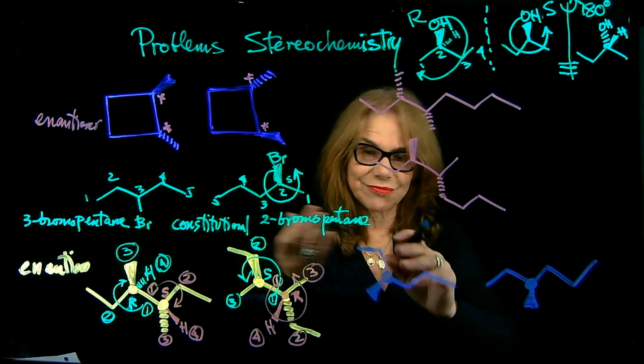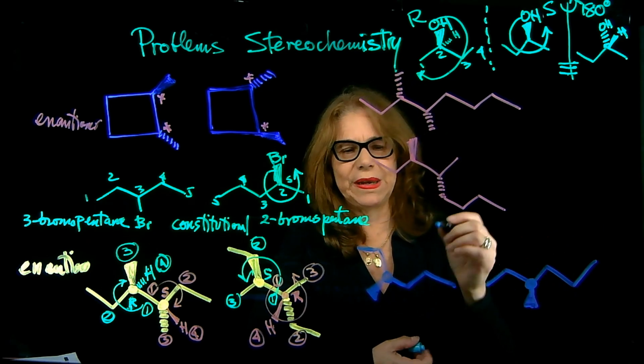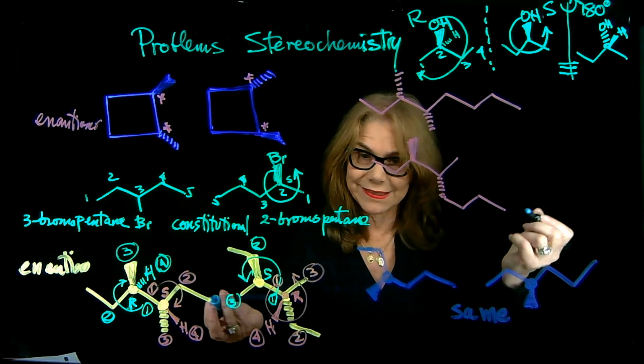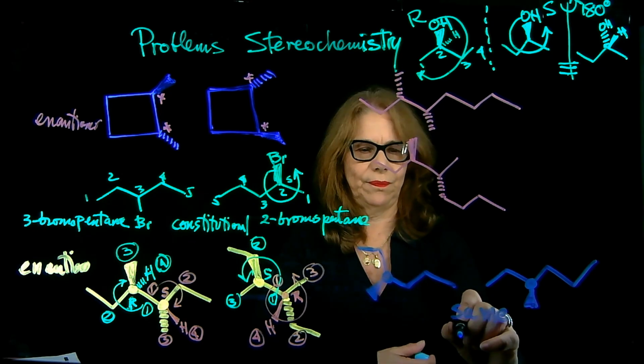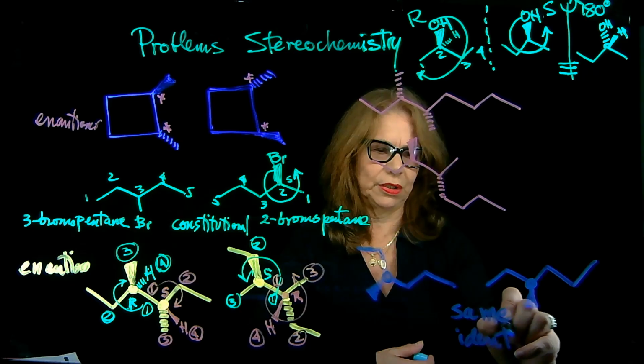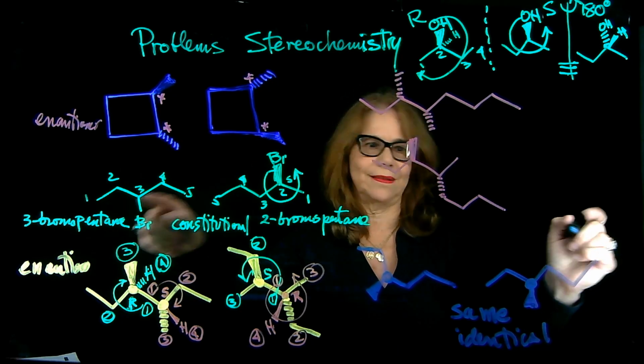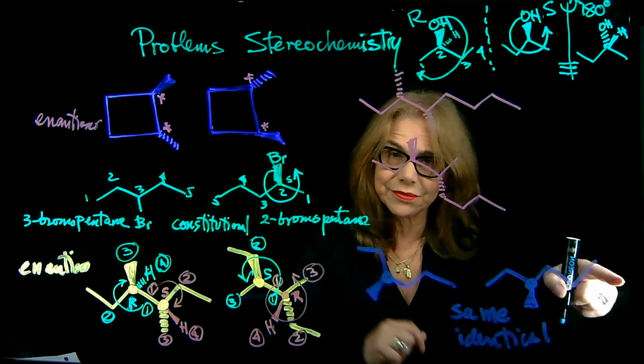It's just rotated, but it's the same molecule. So you're going to answer here, same or identical. Identical molecules. And again, constitutional was different connectivity. Here, connectivity is the same.